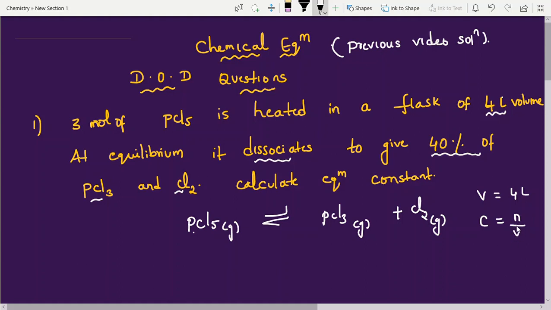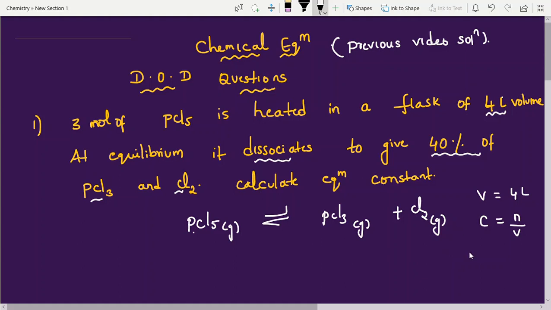Then only it is concentration. Equilibrium constant is nothing but concentration of products by concentration of reactants. Concentration is nothing but number of moles per volume. So if volume is given, we also have to take it. While solving the question you will get more clarity, students.